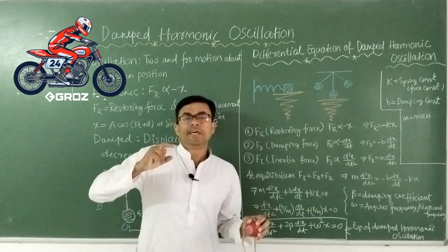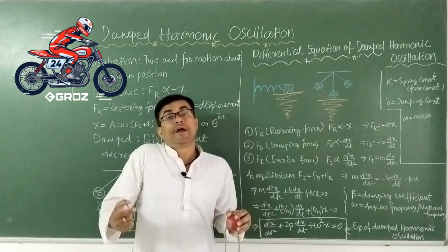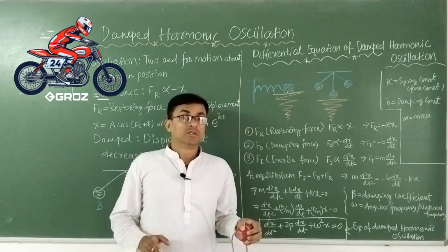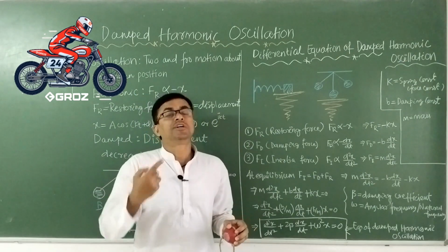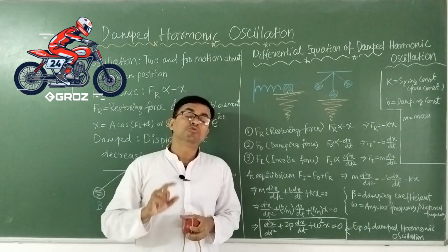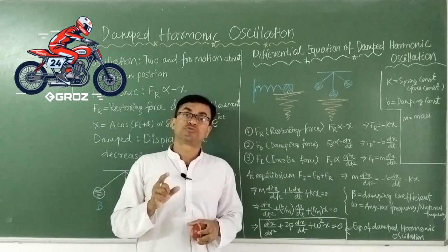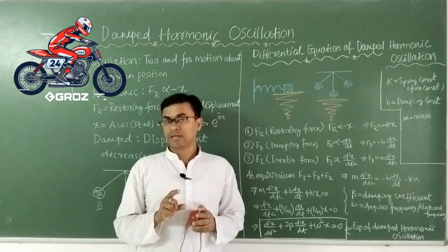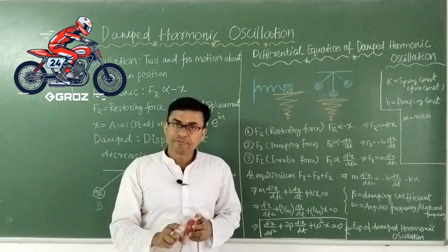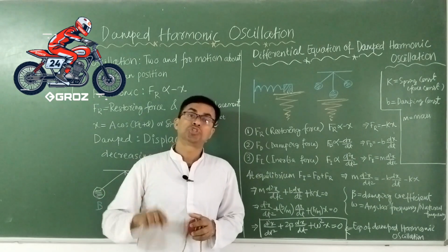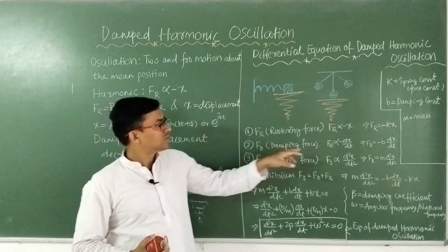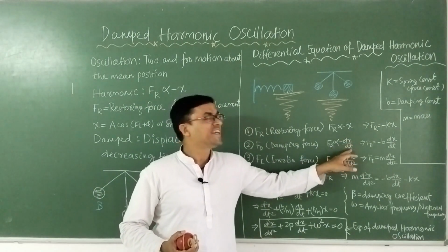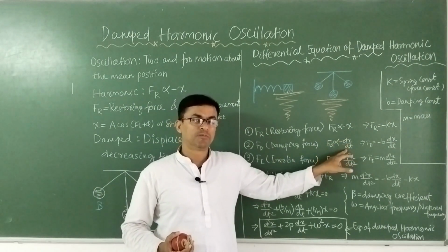If we increase the speed to 80 or 100 km/h, then you will find more resistance from the air. That means the damping force depends upon the velocity of the body. Therefore, we have written the damping force is proportional to dx by dt, the velocity of the body.